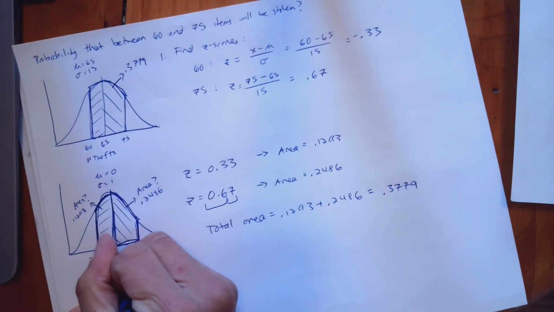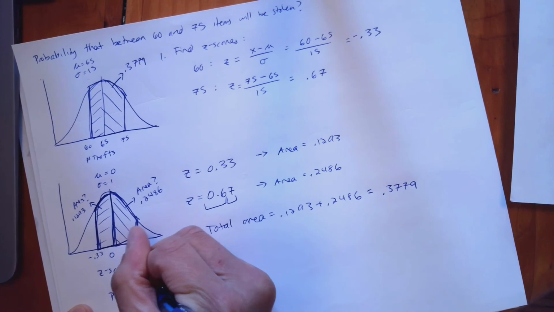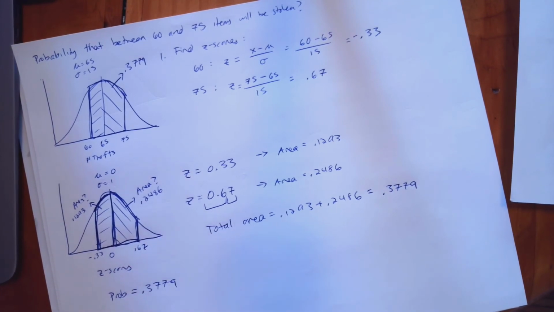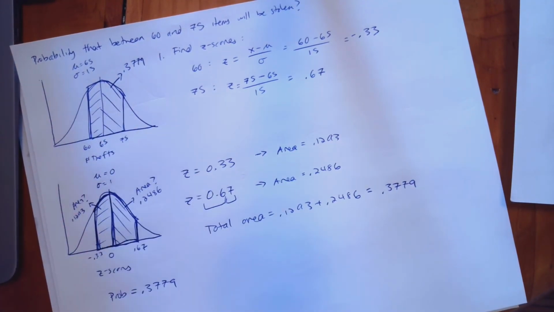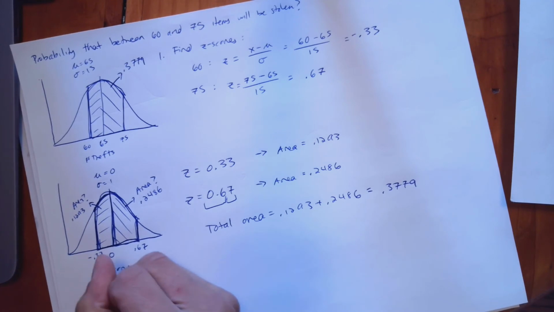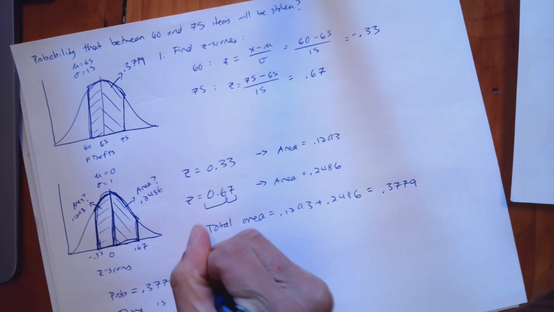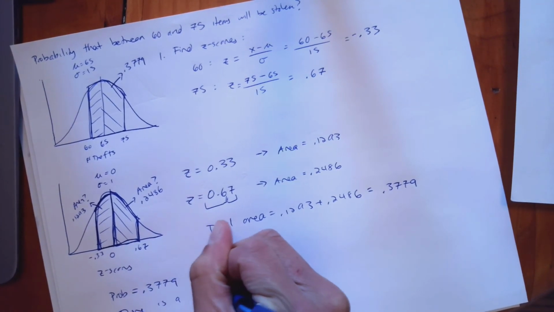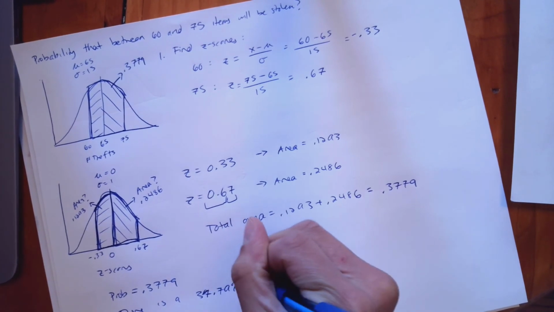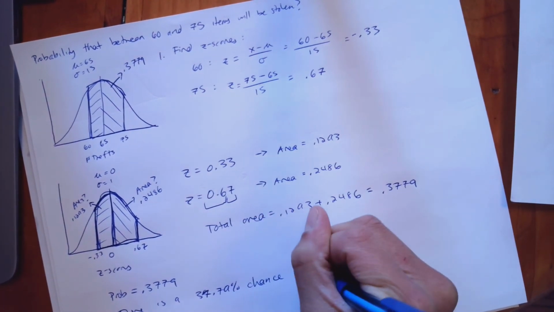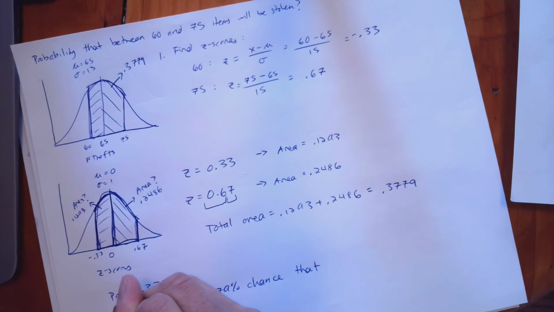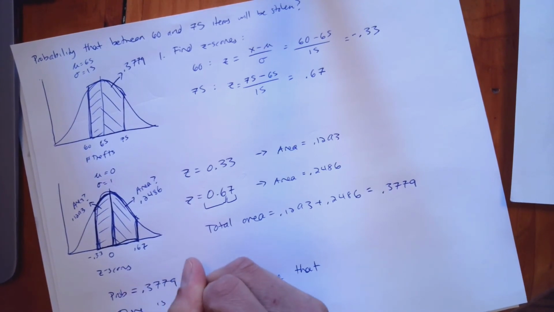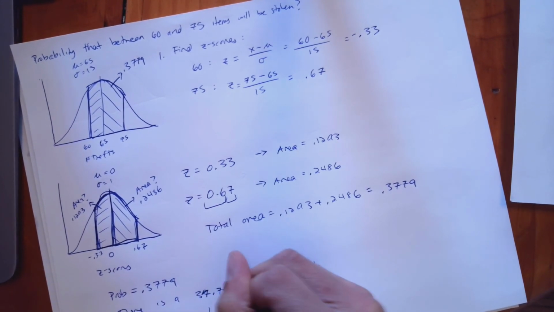So our probability is equal to 0.3779, which again is equal to this area under the curve that's shaded here. And we can say that there is a 37.79% chance that between 60 and 75 items will be stolen.